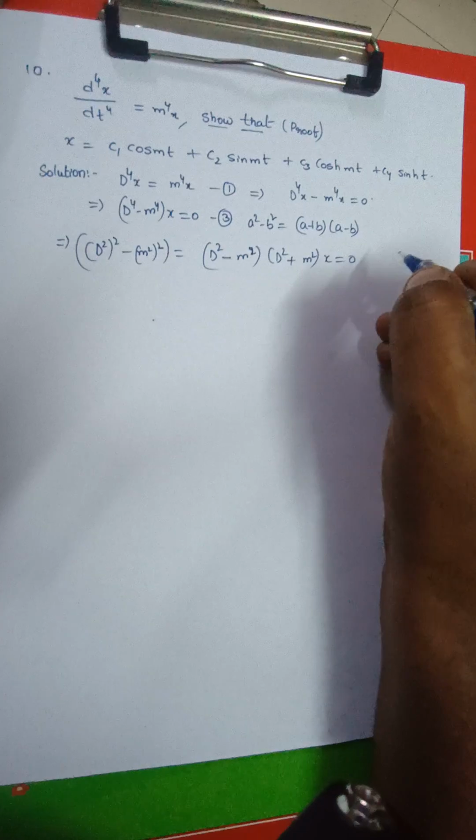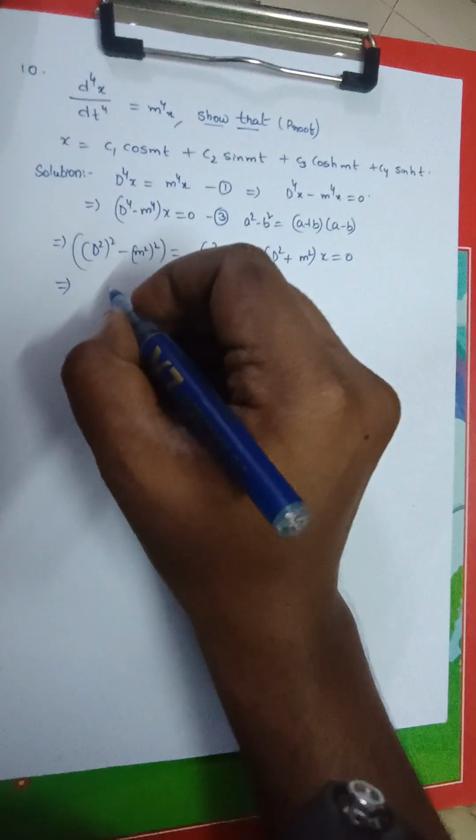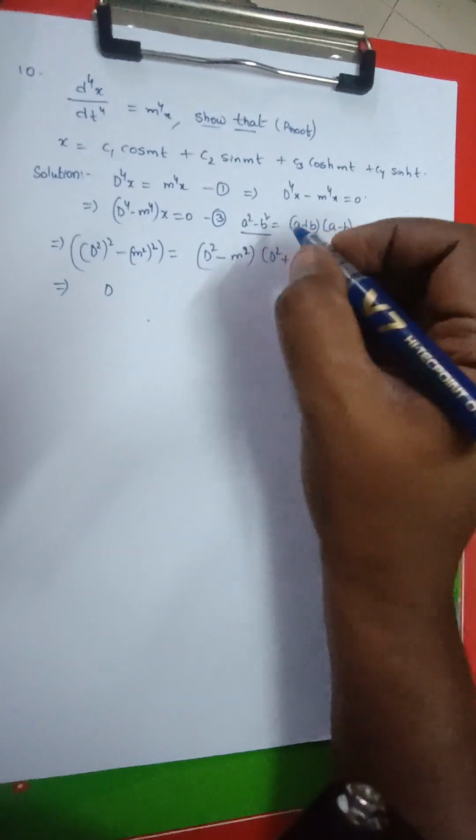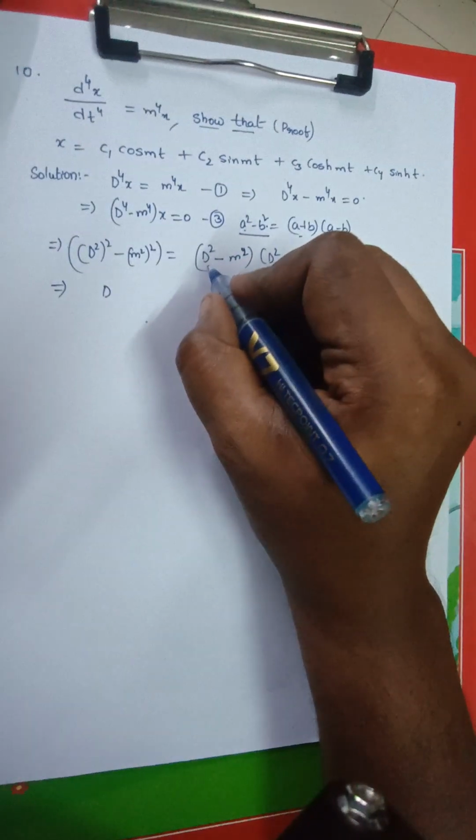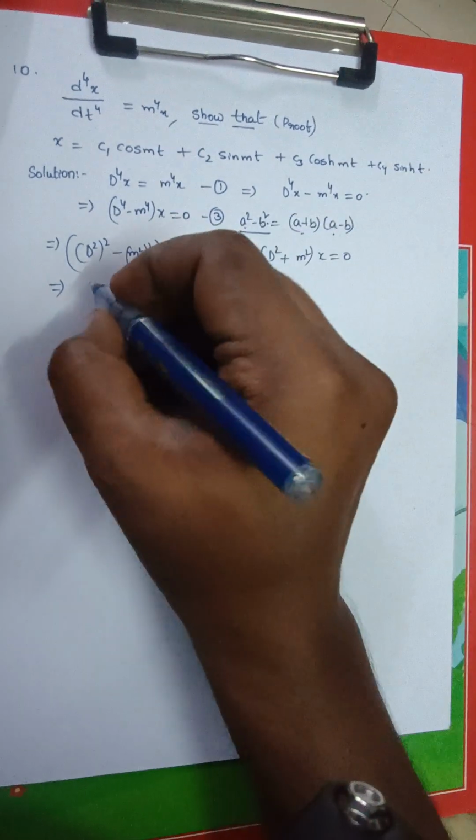Similarly, we can further write it down, since a² − b² = (a + b)(a − b), and we have a² − b² form over here.